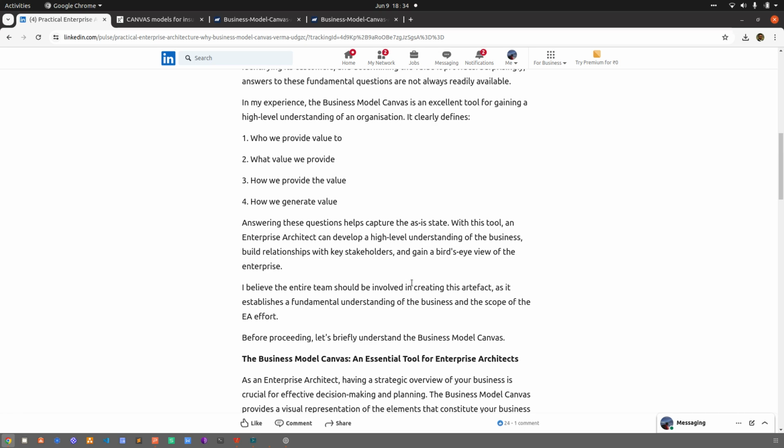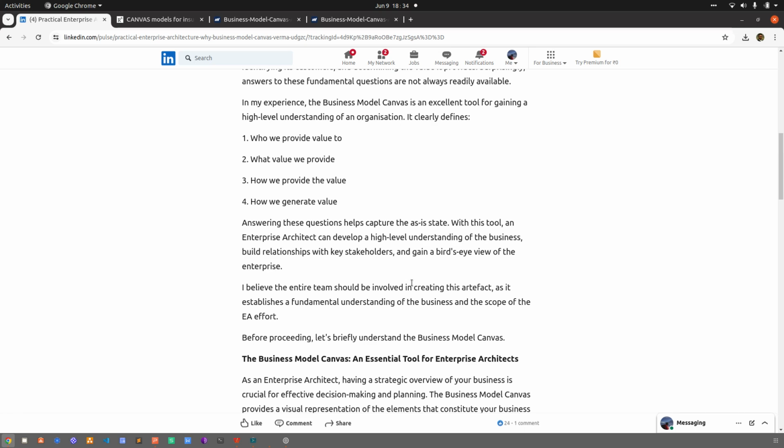And what you will see is that the business model canvas is a very distilled, small artifact, basically trying to cover all the key aspects of a business in one single slide. But the work that goes behind creating a business model canvas is vast.